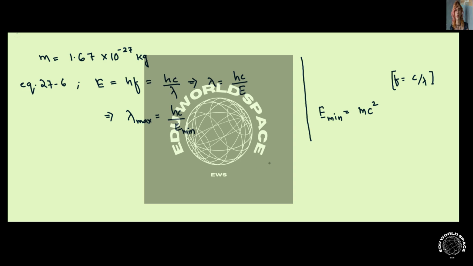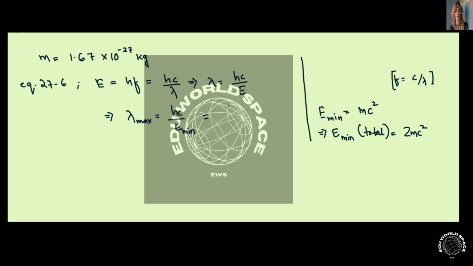Now, since here the photon is producing a proton-antiproton pair, the total minimum energy we need should be equal to 2 times this mass, because there are two particles or a pair, each with the same mass m. So we are going to use this value over here.